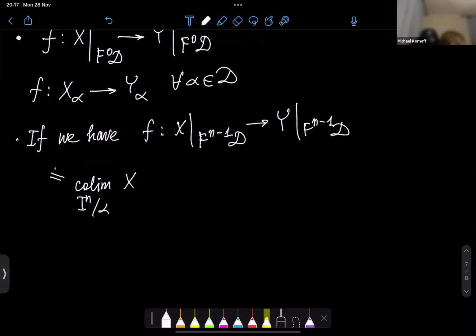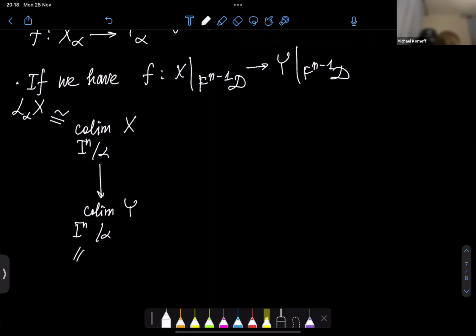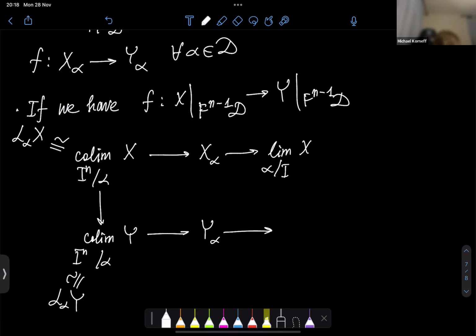We know that this is a Latching object of X, and this one is also a Latching object of Y. And we have a factorization, and we map into the limit. It's just a matching object of X, and this one is the matching object for Y.